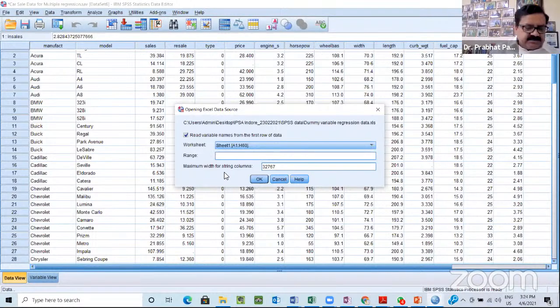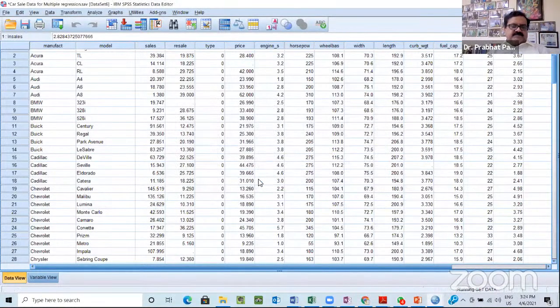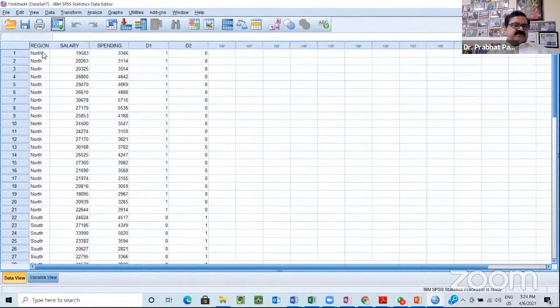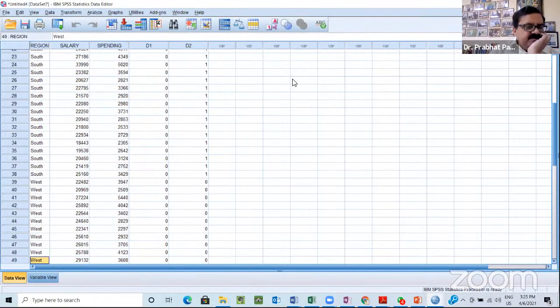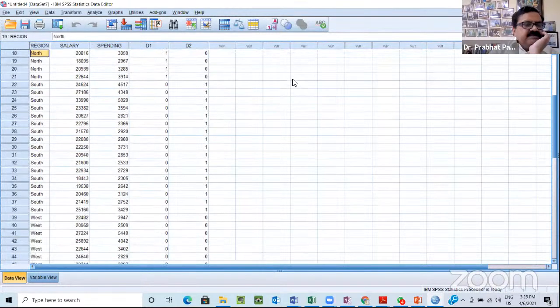This range is A1 to E52 in the data set on sheet 1. And I'm saying okay, and the data is in front of me. This data is about the different regions. You can see here north, then it is followed by south, then it is followed by west. So there are 3 regions.